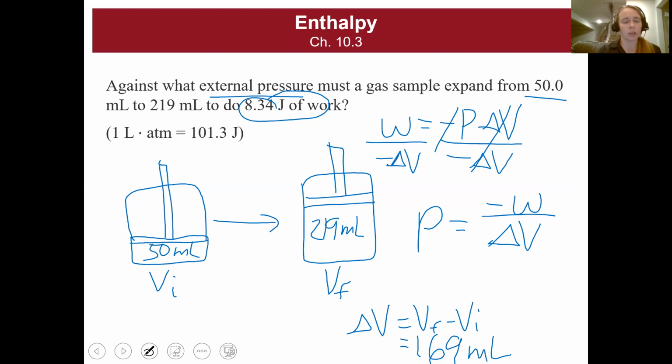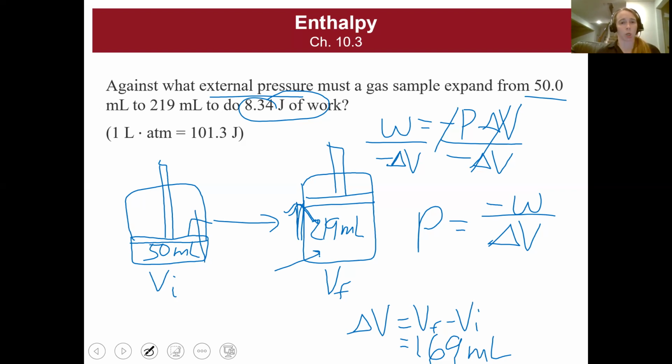So if we have an expansion, so the volume of our gas is increasing, that means we must be doing work on the surroundings because our system is in here. So we are doing work on the surroundings, which is causing our container to expand.